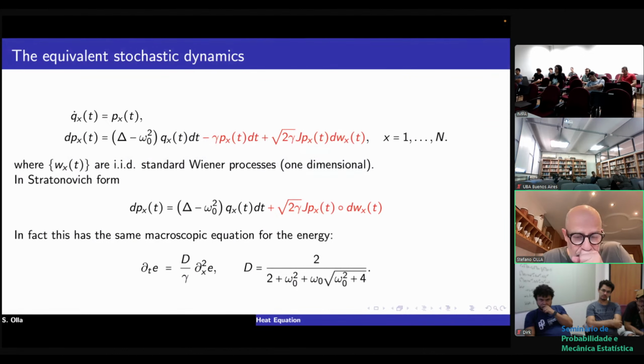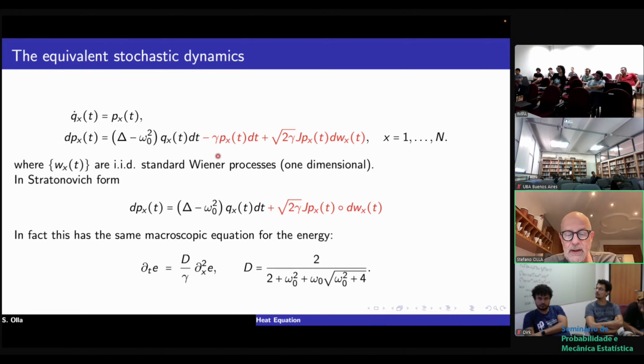Okay, and this stochastic dynamics has exactly the same macroscopic equation. If we choose gamma, the coupling with the noise, exactly the same as this variance, then we get exactly this, the gamma appears here, the gamma that is here.